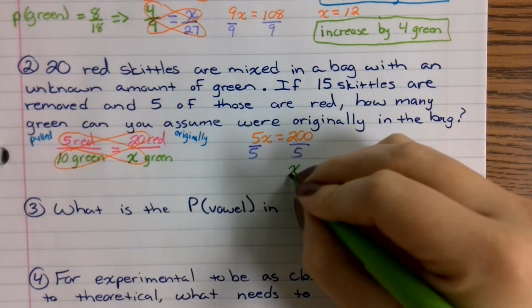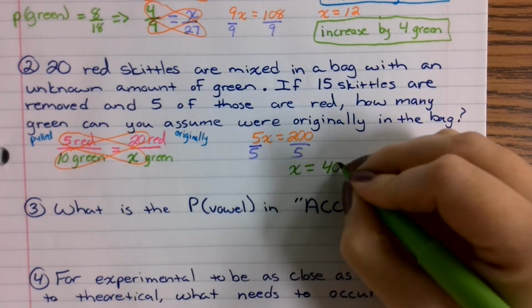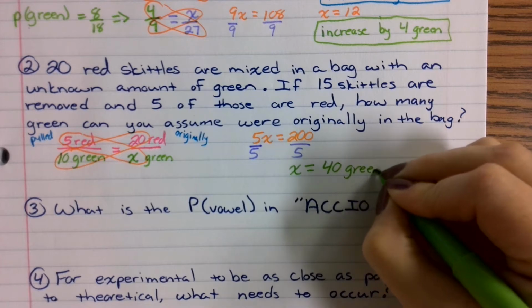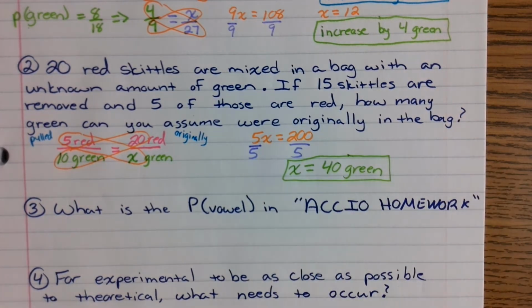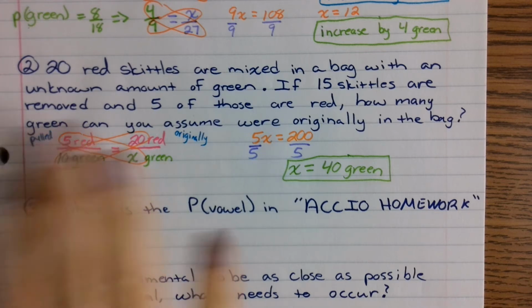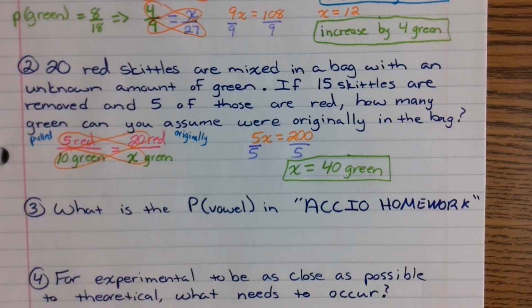And we would find out that x is going to come out to 40 green. So originally in the bag, we can assume that there's 40 green, if it happens to be proportional. It might be a little bit more, it might be a little bit less, we don't know. But based off of the results, we're making an assumption.